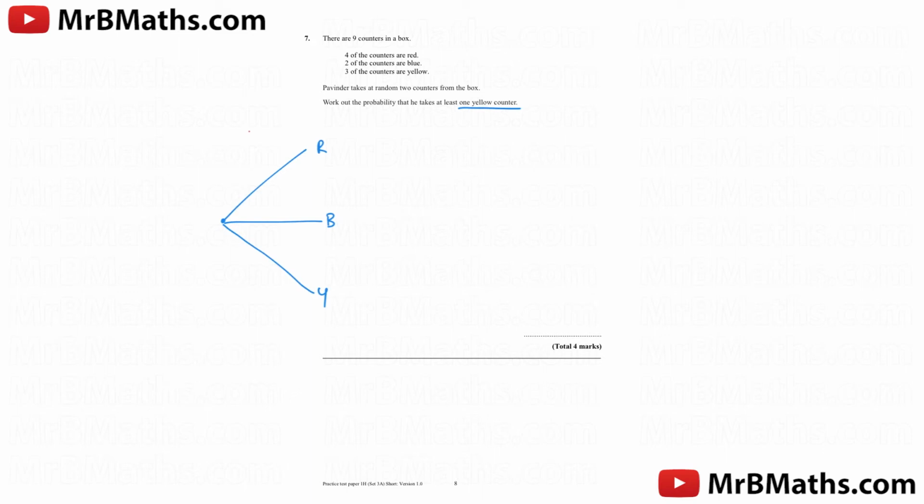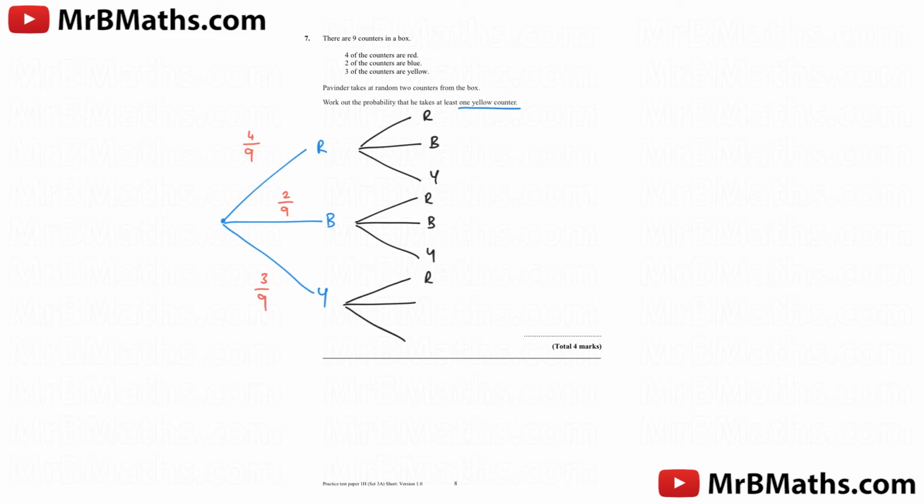So this will be 4 out of 9. This will be 2 out of 9. And this will be 3 out of 9. Going again, we've got 3 choices. So we've got red, blue, and yellow.